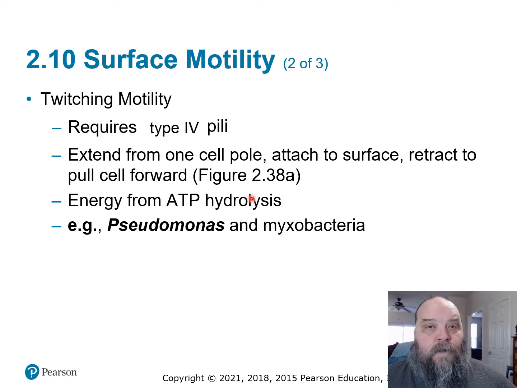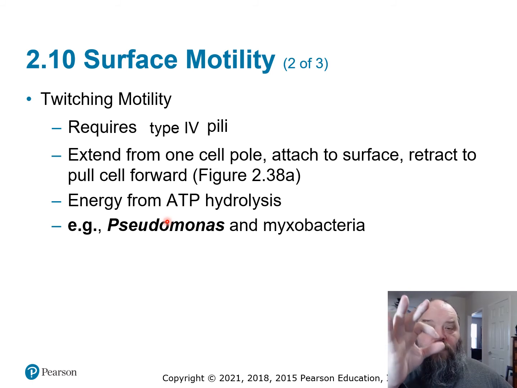This is ATP hydrolysis driven, okay? So it's ATP driven. This is not going to be a proton motive force thing. We see this with Pseudomonas. Pseudomonas is one of these interesting bacteria where you spread it on a plate in a certain way, so you end up with certain colonies, and you can literally watch, going back every few hours for a couple of days, as that colony expands well beyond what you think it should.